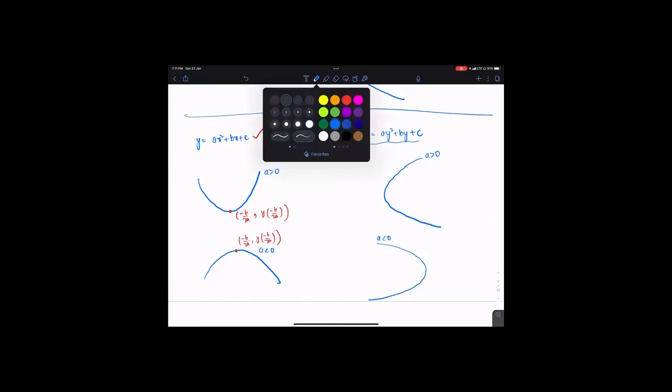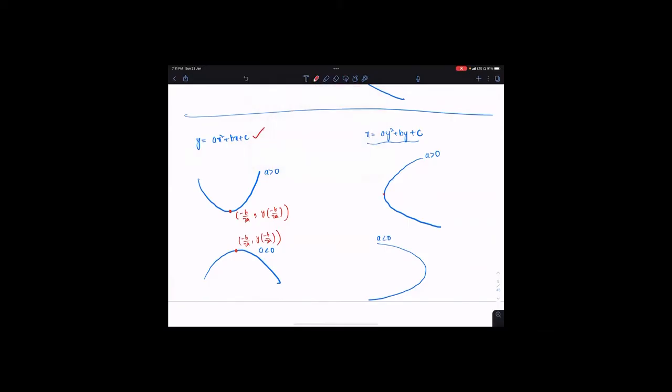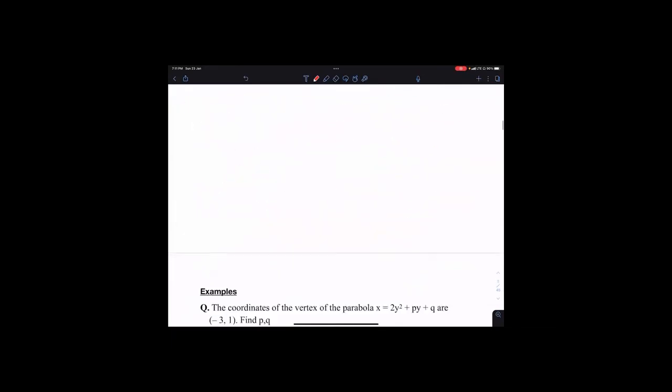Here also it is almost the same, but the only difference is the y coordinate of the vertex will be minus b by 2a, and for the x coordinate you substitute in that expression, x equals ay square plus by plus c. The y coordinate is minus b by 2a, and the x coordinate is x of minus b by 2a. That's all. Now on this, we'll see one or two questions.